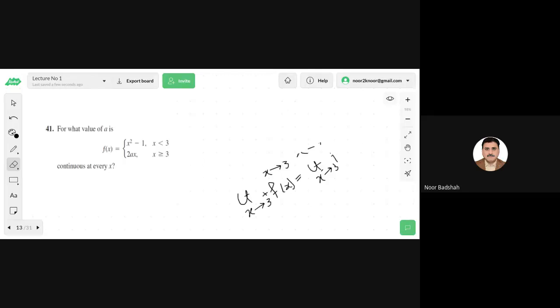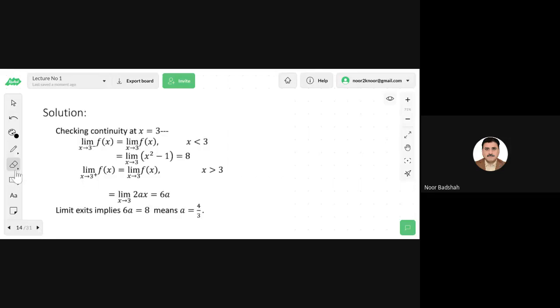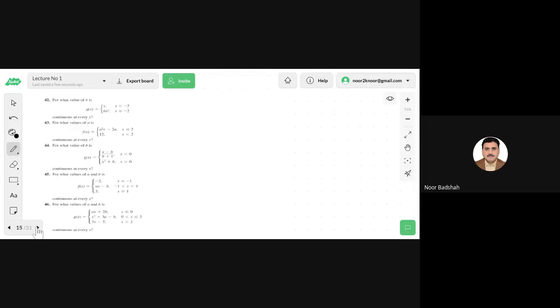Right. And the next slide, the same is already done. So you see, we check continuity at x equal to 3. Left hand limit is 8, right hand limit is 6a, as I've done there, and then 6a is equal to 8 implies a is equal to 4 by 3. These are some more questions you can do yourself. You will check continuity at x equal to -2 here, left hand limit at -2, right hand limit at -2, and equate them to get the value of b.